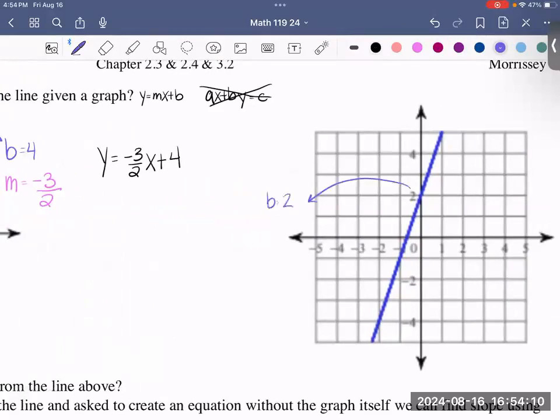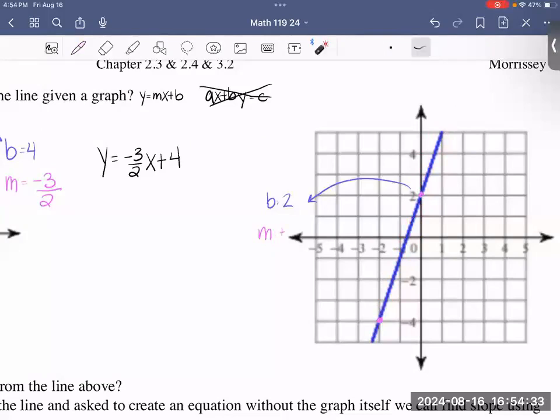Now try it again here. Your b is 2. Your slope, the very next best point could be right here. So from point to point, you went 1, 2, well, actually, your graph is rising, so you're going to have a positive slope no matter what.